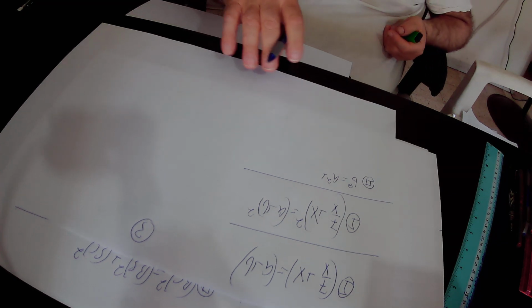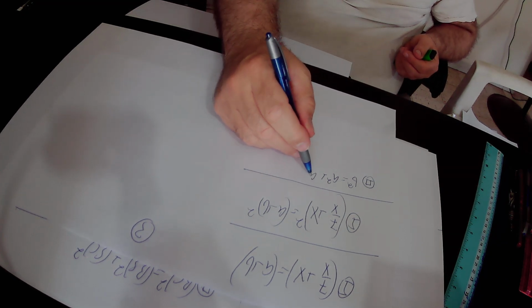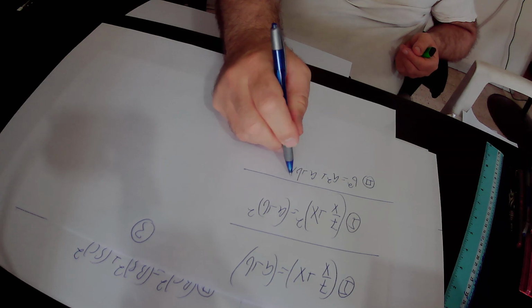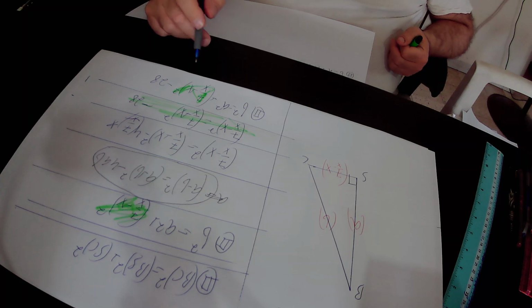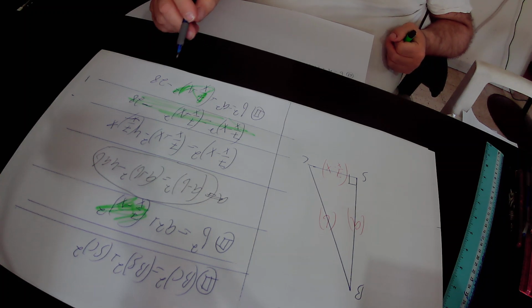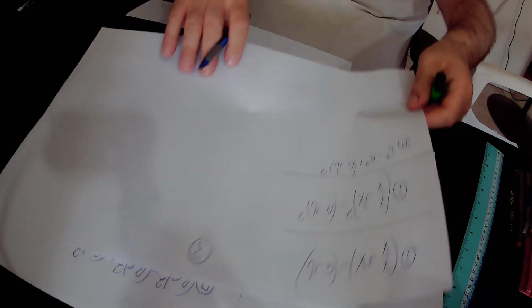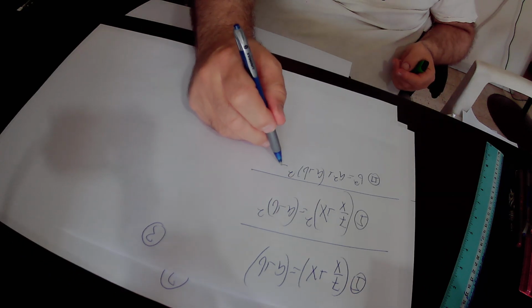So we substitute 7 over x plus x squared by a plus b squared, and according to equation 2 we have to subtract 28 here.